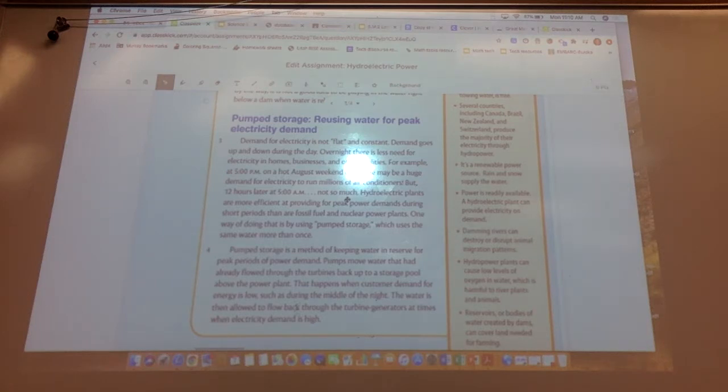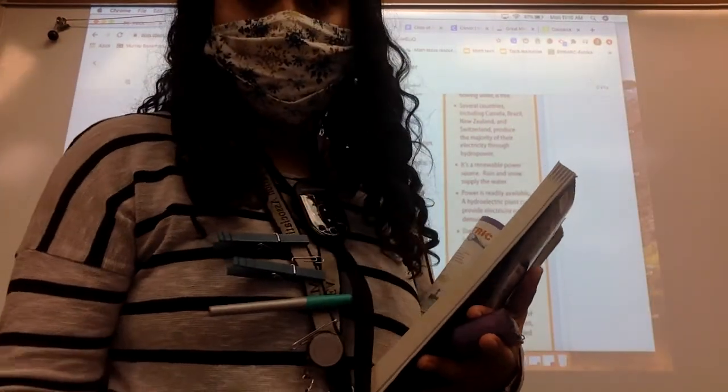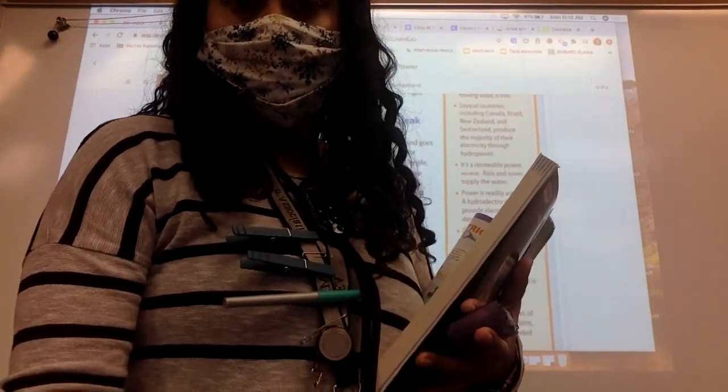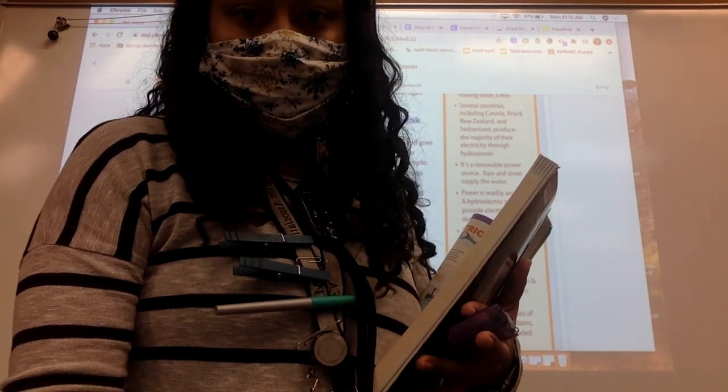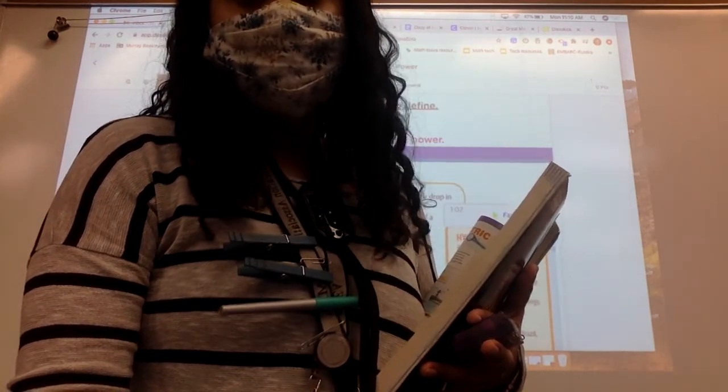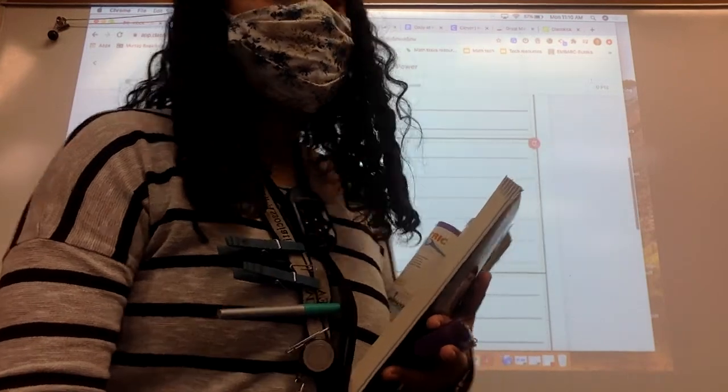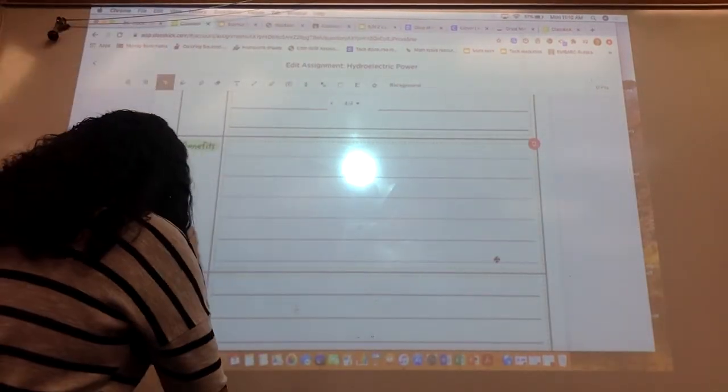Okay. So Ariana says they reuse the same water. Is that a benefit? Yes, that is a benefit. So now on our organizer, for benefits, ready?